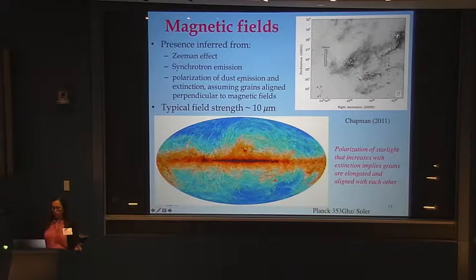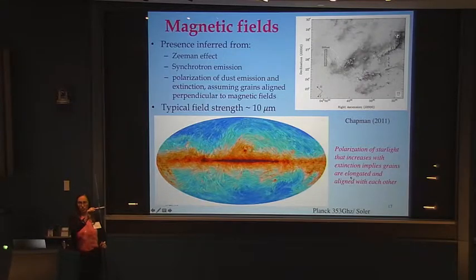One other thing is, how do we know that grains are not spherical but elongated? We know that because of this polarized emission and polarized extinction. I'll just use this marker. Okay, so here's the magnetic field. Here's a grain. The grain is rotating, spinning around the magnetic field, so they tend to align with their long axis perpendicular to the field.